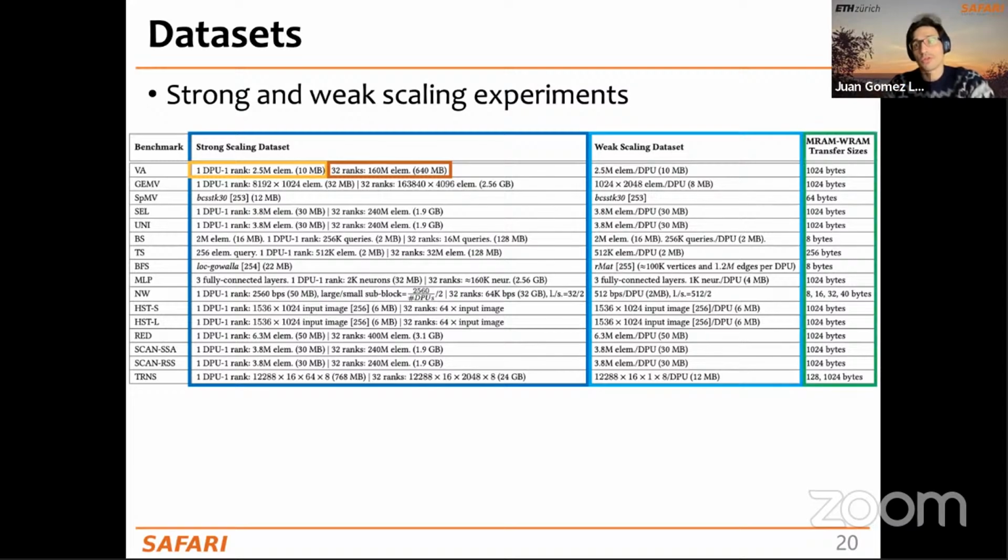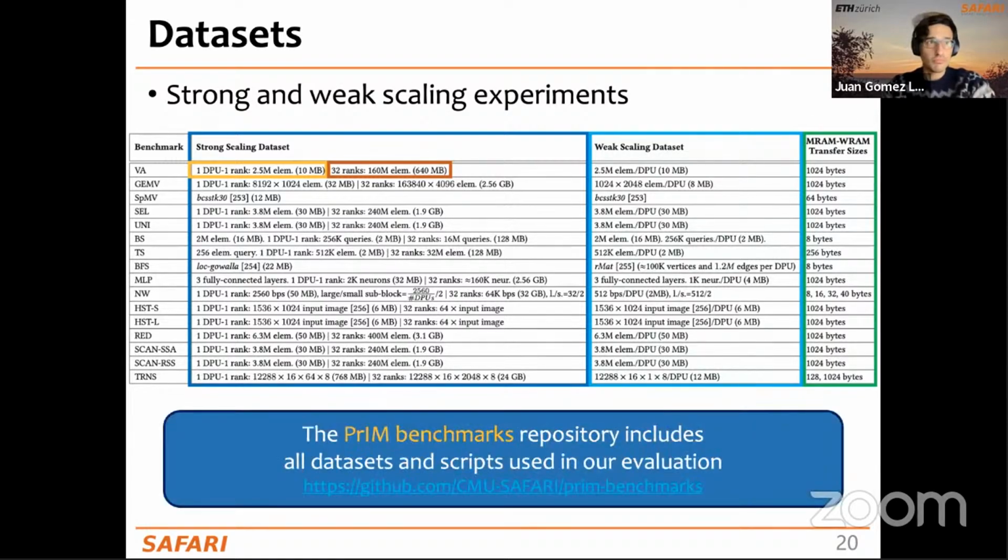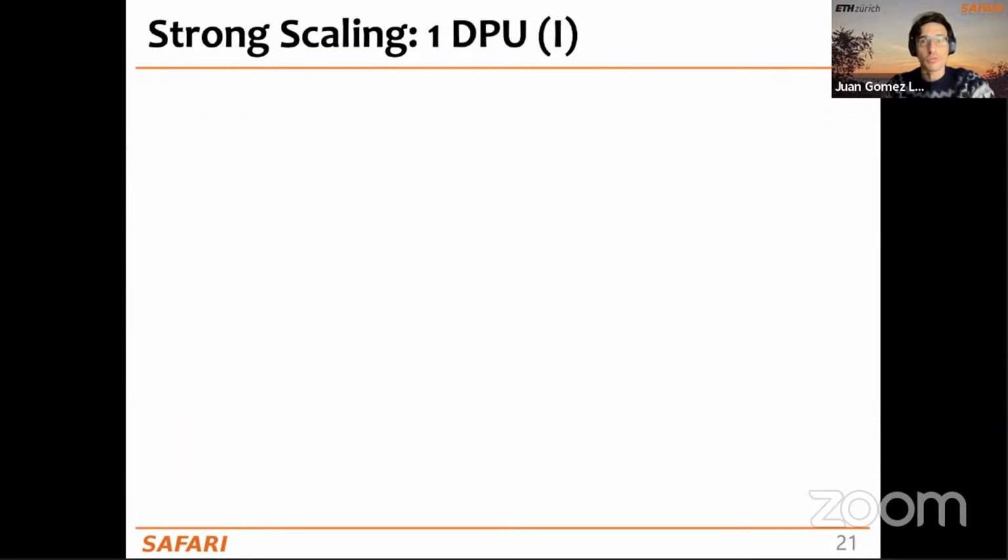And also for reproducibility of our experiments, you have here the MRAM-WRAM DMA transfer sizes that we use to move the data from the MRAM to the WRAM and vice versa. If you want to take a look at the benchmarks and also the data sets and the scripts that we used in our experiments, they are all available in our repository.